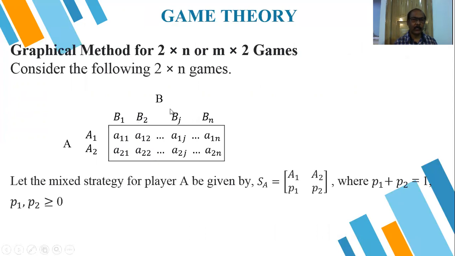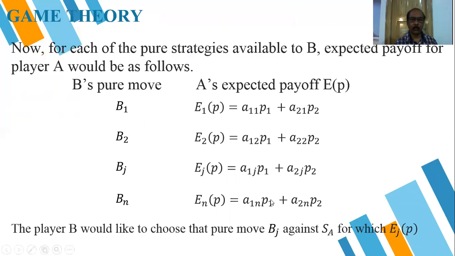When B selects the jth course of action Bj, it is A1j P1 plus A2j P2. Finally, when B selects Bn, the expected gain of A is A1n P1 plus A2n P2.